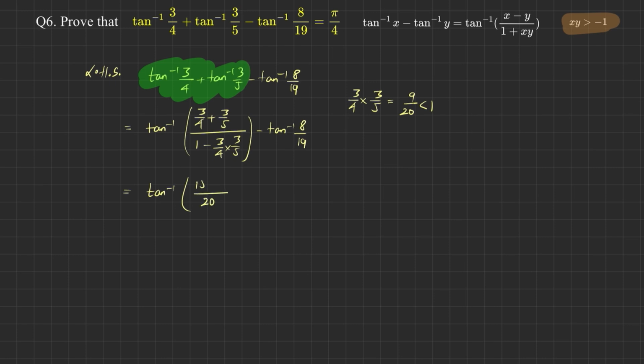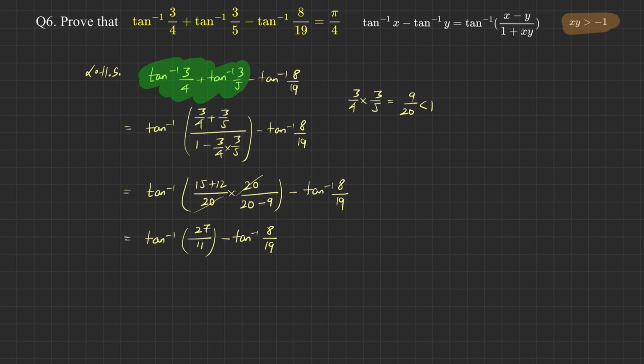So 5 3s are 15 plus 4 3s are 12, times 20 over 20 minus 9, minus tan inverse of 8 over 19. So here 20 and 20 get cancelled. So it will be tan inverse of 27 over 11 minus tan inverse of 8 over 19.